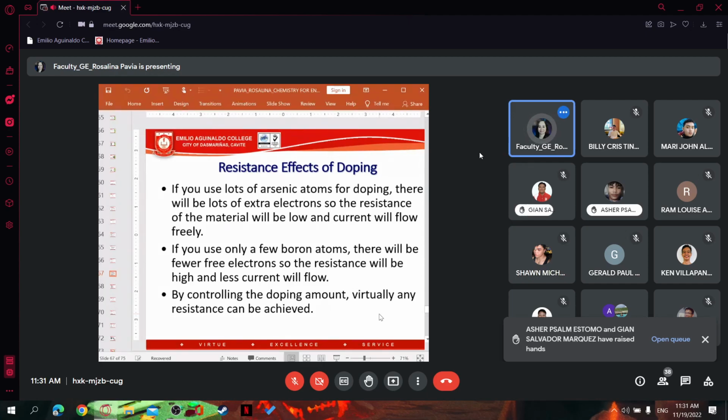Mr. Estomo. The switch po? Switch. Switch is what turns the flow of electric current off and on. What I'm referring to are the resistors.